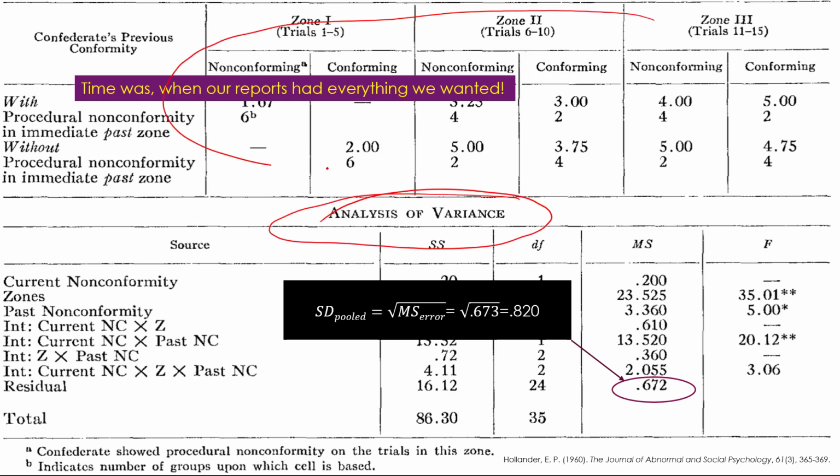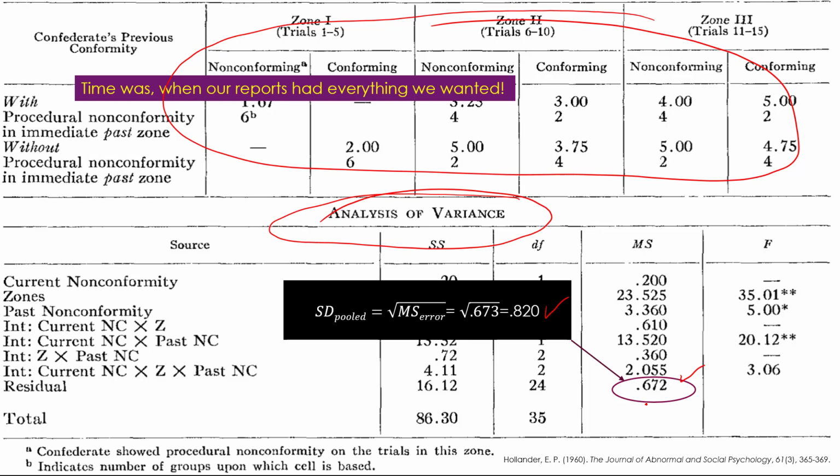Here are all the means as well displayed, so you could compare any two of interest to you. And here on the bottom of the analysis of variance table is a mean square error. And so as you know, you can convert that by taking a square root into a pooled standard deviation. I guess that tells you that an analysis of variance mean square error is a pooled variance, okay?